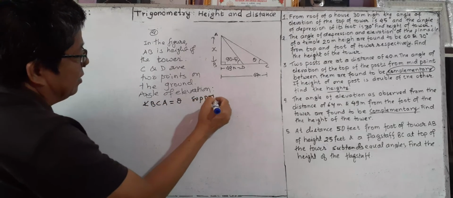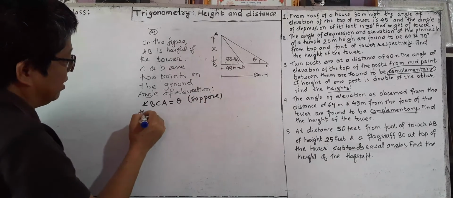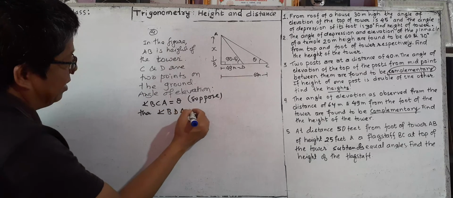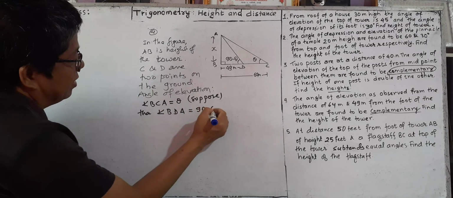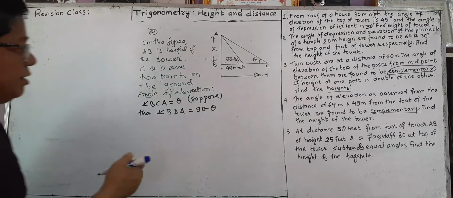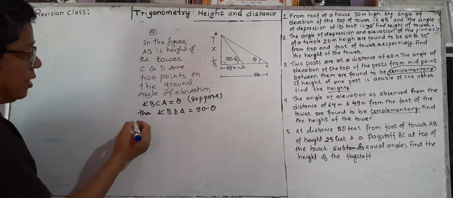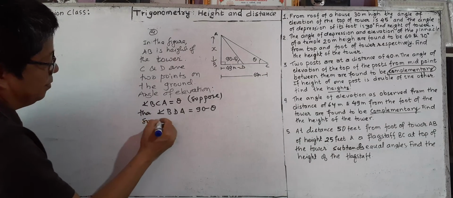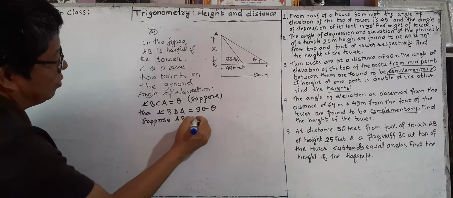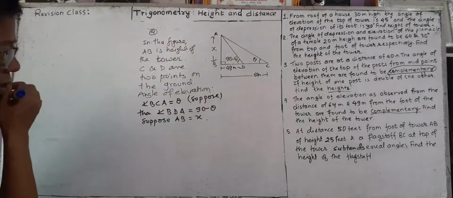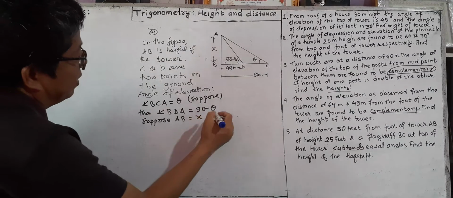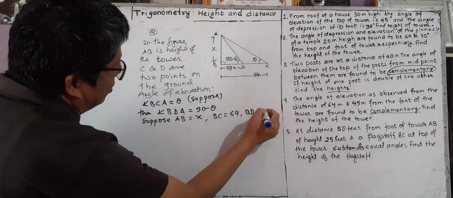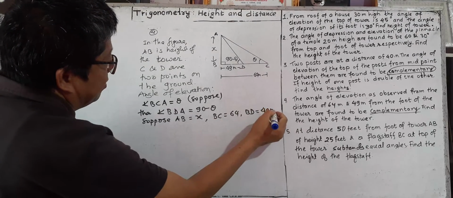Let's suppose it. Then angle BDA equals 90 minus theta, being complementary according to the question. Now we suppose AB equals x, and what we have given, BC is equal to 64 and BD equals 49. Both are in meters.